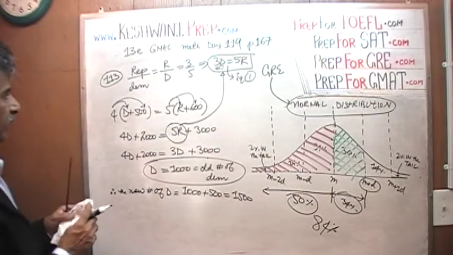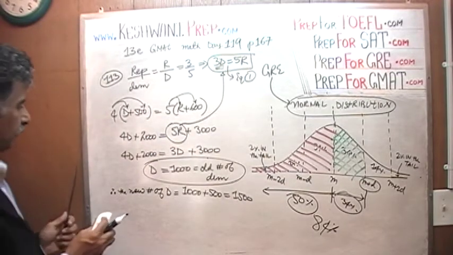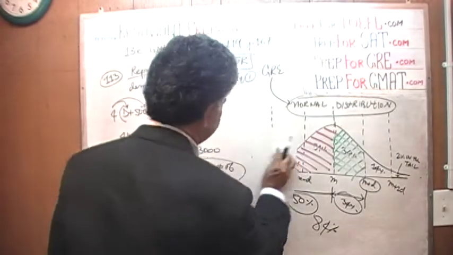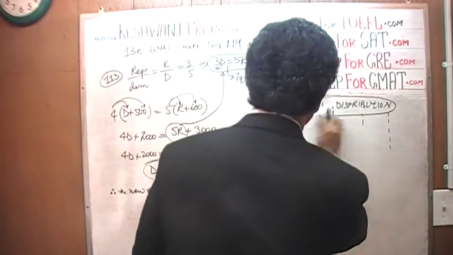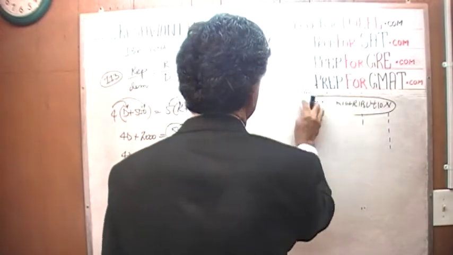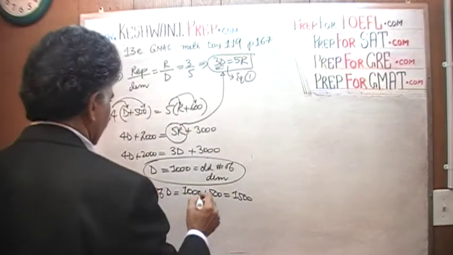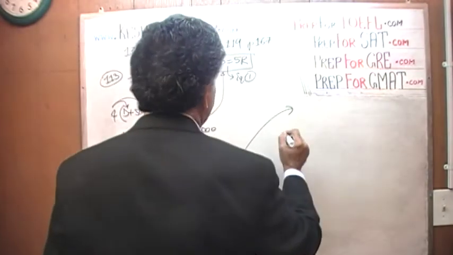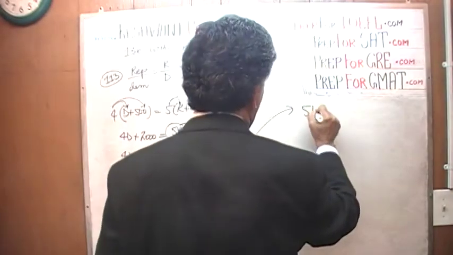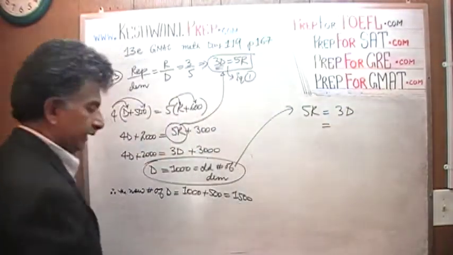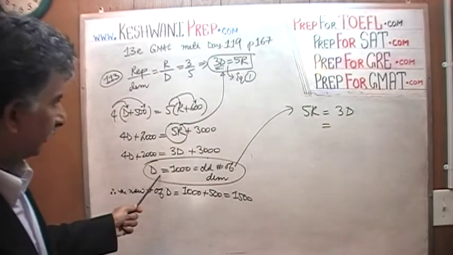I'm going to erase this part so that I can have the room. We know that 5 times R equals 3 times D. We just found out that D equals 1000.